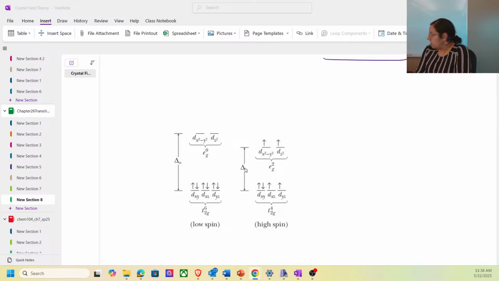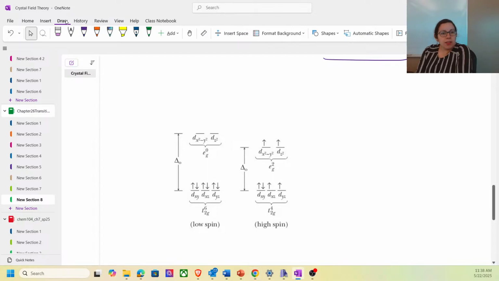So a smaller octahedral splitting field energy could mean that a compound has a tendency to be what's called high spin. And so let's look at what the heck we even mean by these terms.